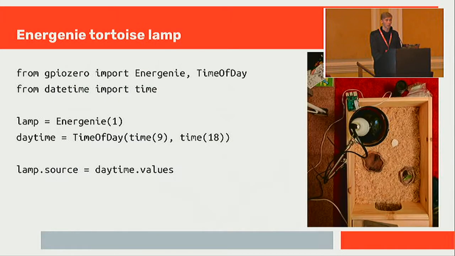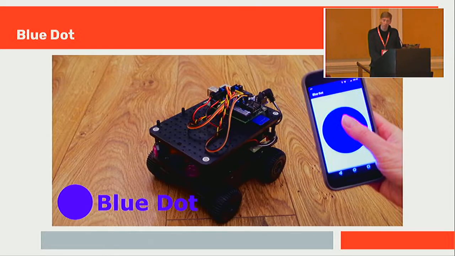And it's also really easy to write your own custom external devices as well, either by defining the class and having the same properties, or just having a function that sends its values over. An example of another Python library that uses the same API style as GPIO Zero is one written by my colleague Martin O'Hanlon called Blue Dot.